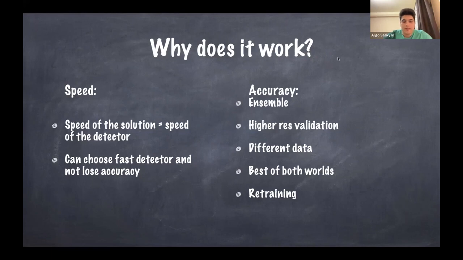Now let's discuss why we gain accuracy. The first thing is that we use an ensemble of models, and that's always good for accuracy. The second thing is that our classifier, the second model, gets a full resolution part of the image. Next, we use different data sets for our models, and our classifier is tuned to distinguish guns and other similar objects.